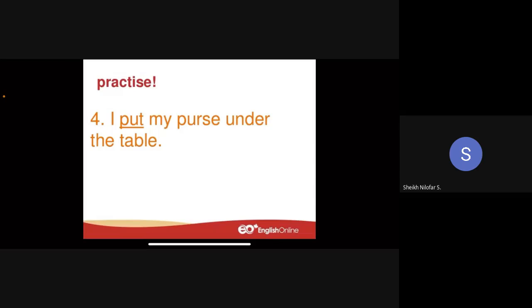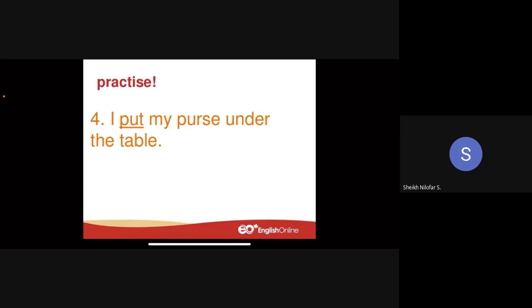Under the table, that is a place. It is not the object. Wait, read the sentence carefully. Think properly. I put my purse. I put what? My purse. Object. Exactly. Transitive. Which kind of object?